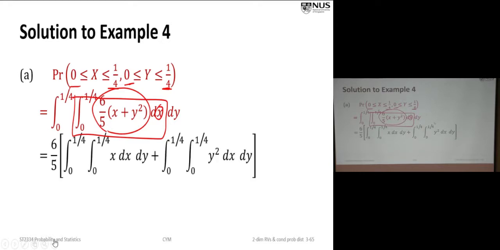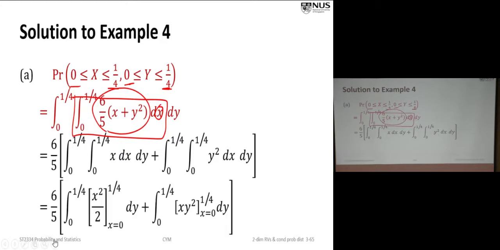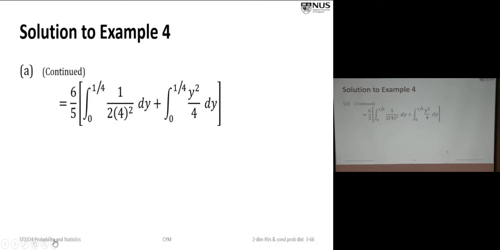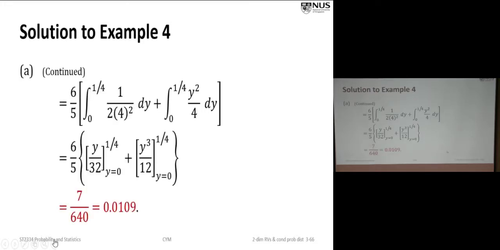All right, so this is how we do it. Here I just take out the 6/5 and then integrate x plus integrate y squared. So after we complete the integration, it turned out to be 7/640.